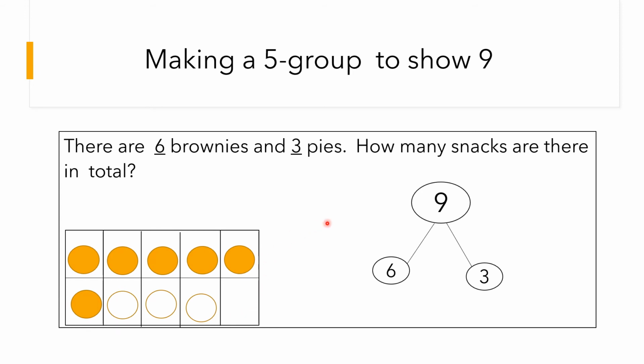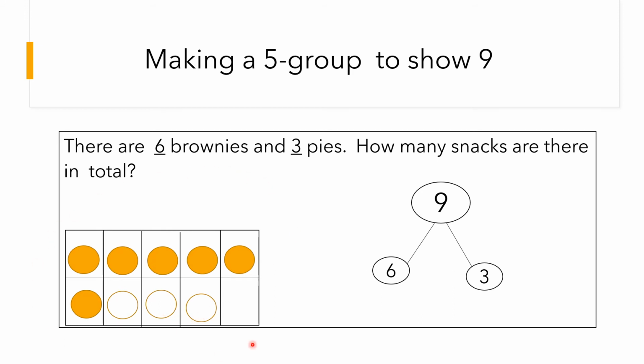That's right, there are 9. We can check our work by counting all together. Ready? Count with me. 1, 2, 3, 4, 5, 6, 7, 8, 9.